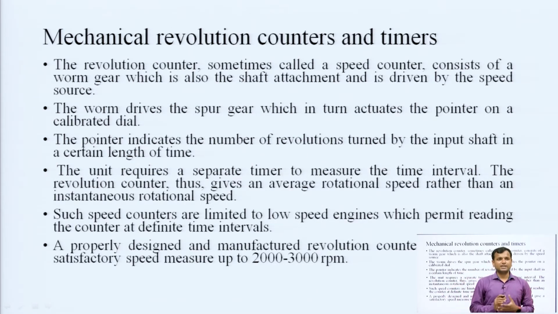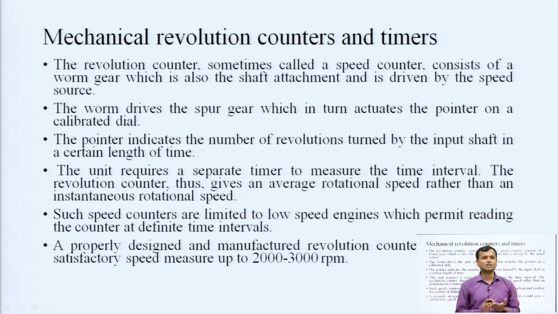Now the next device is the mechanical revolution counters and timers. It can also be used to give you rotational speed or rotational displacement. The revolution counter, sometimes called the speed counter, consists of a worm gear on the shaft attachment, which is driven by the speed source.